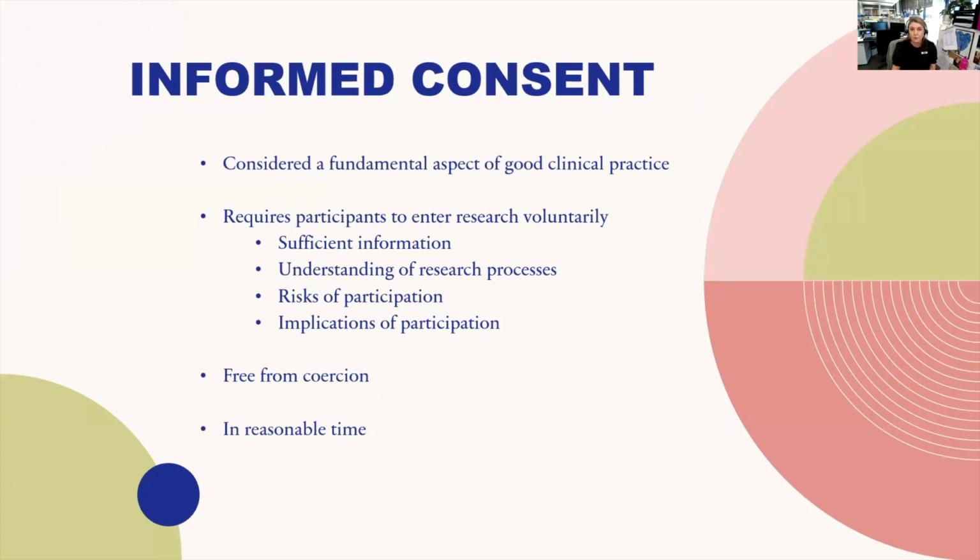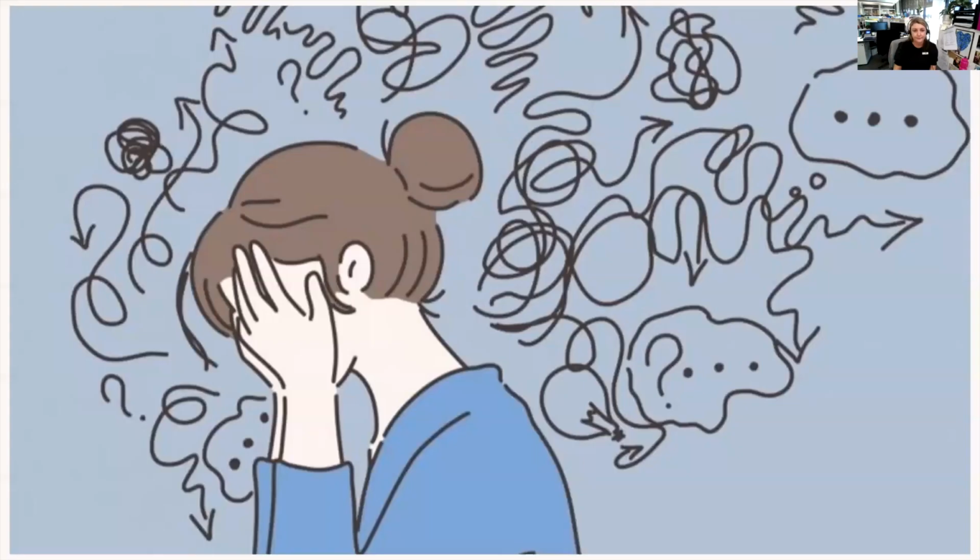They need to know the risks of the research and also whether there'll be any benefit to them directly. They also need to know the implications of their participation, and this can be varied from what their time commitments will be to whether their lifelong implications of finding out unexpected information. To do all of this, they need to decide without any coercion or pressure and within a reasonable time to consider the information and ask any questions that arise.